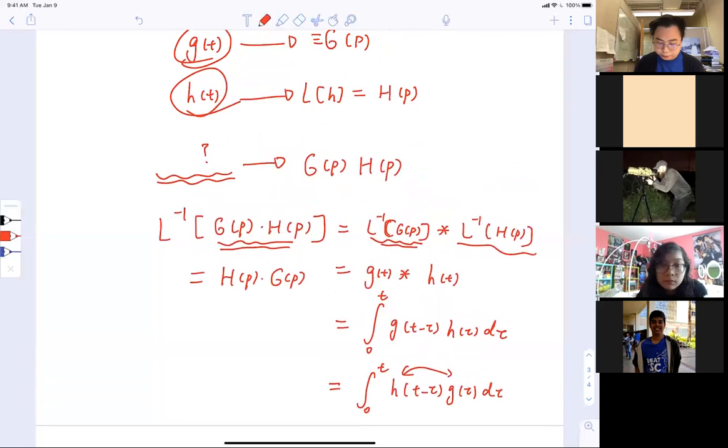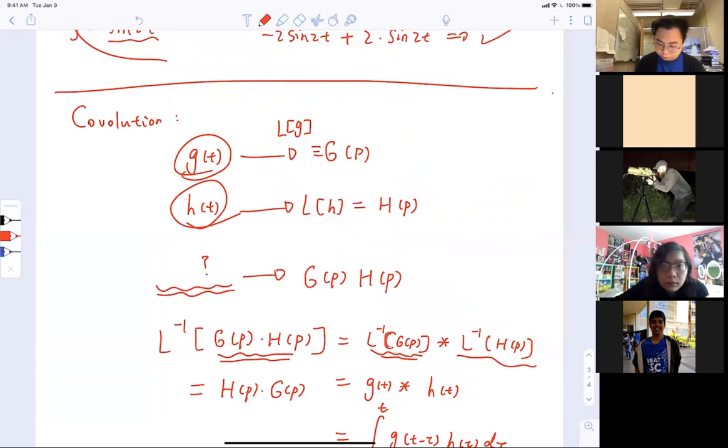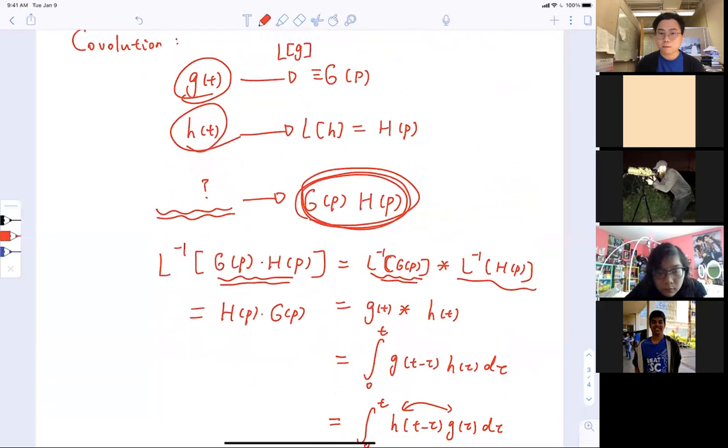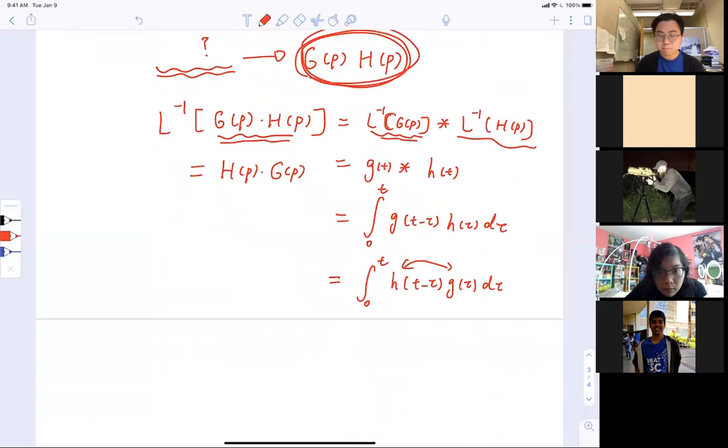So basically, the convolution tells us how to calculate the inverse transformation of this kind of product-like object. Any question about this part?